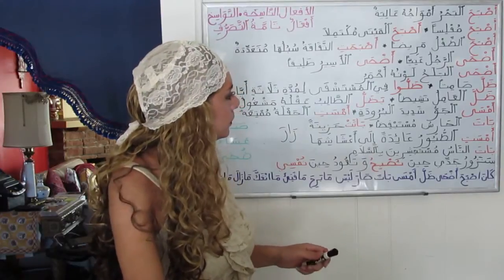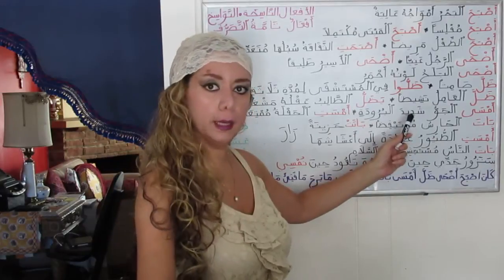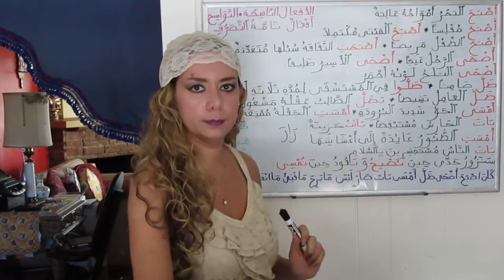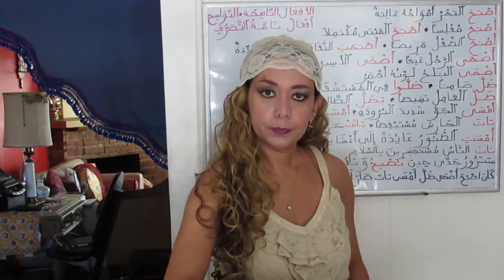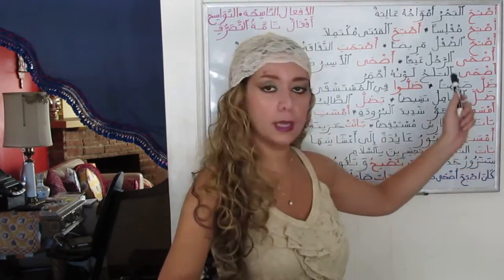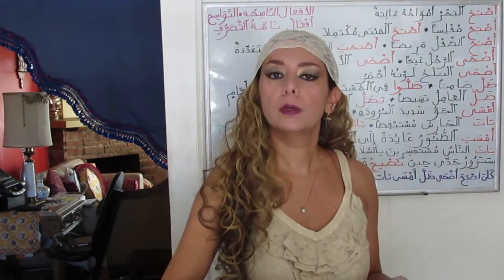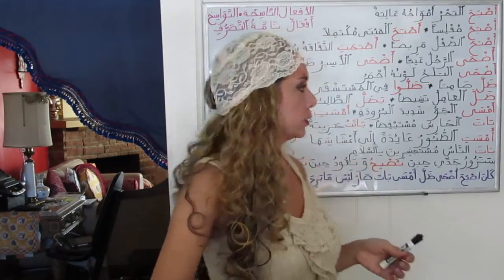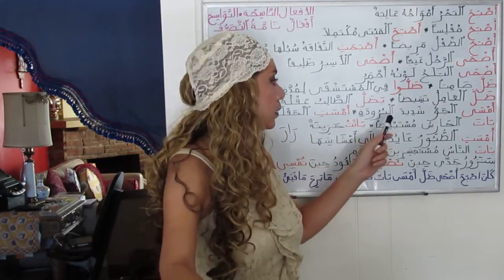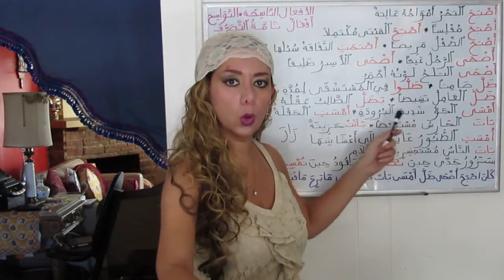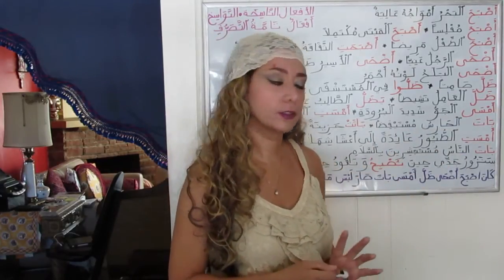So, here, أمسى الجو شديد البرودة means the weather became, since أمسى is conjugated in the past, we have to conjugate the verb to become in the past, of course, to match the tense. The weather became very cold or so cold when in the evening. Alright?